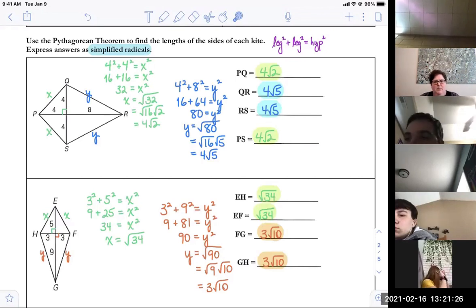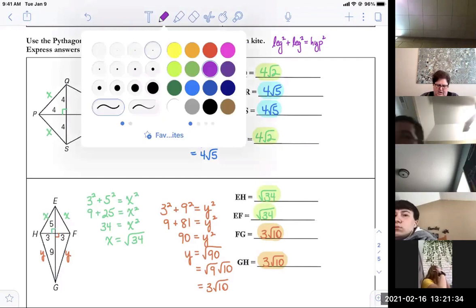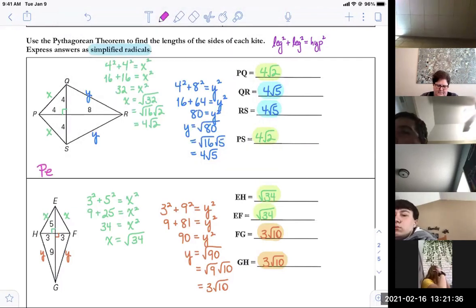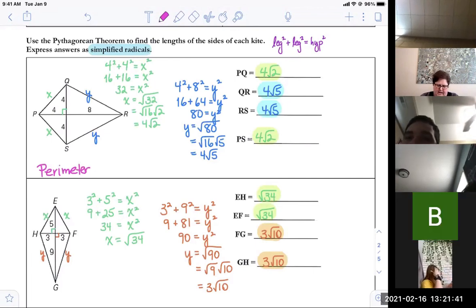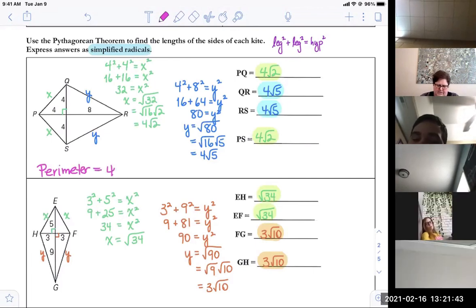Okay, if I wanted the perimeter of, let's say, the first kite, if I wanted you to tell me the perimeter, do you know how to add 4 root 2 and 4 root 2 and 4 root 5 and 4 root 5?